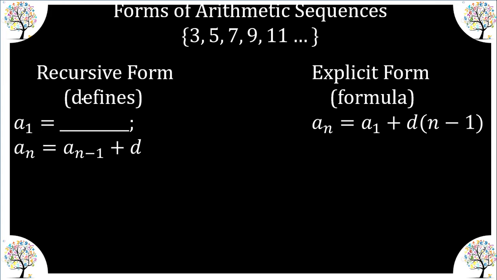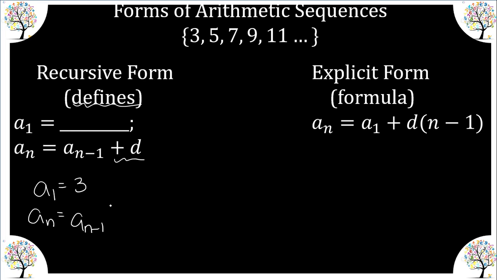Now let's look at the recursive form and the explicit form. The recursive form just defines your sequence. To define a sequence, you have to tell your reader the first term and the pattern, the common difference. If I ask you to write this in recursive form, you're going to say a sub 1 equals, tell the reader where to start, and then you need to tell the reader how to get to the next term.